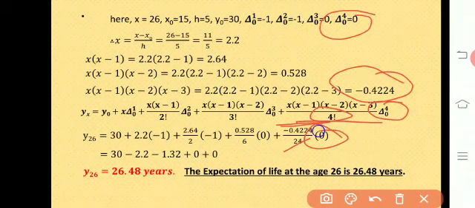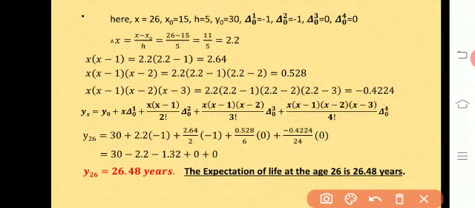So into 0. Then simplify further, you will get y26 equal to 30 as it is, then 2.2 into minus 1 you will get minus 2.2.